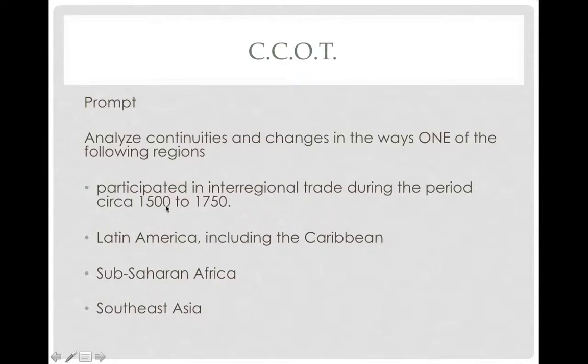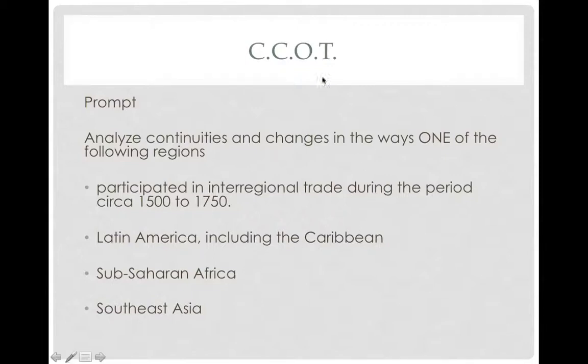Okay, one of these three. They're regions. And from this time period here, 1500 to 1750, how did they remain the same and change in regards to interregional trade? So what patterns of trading with other regions remained the same, and what patterns changed?